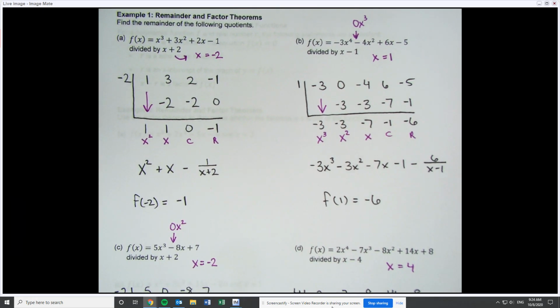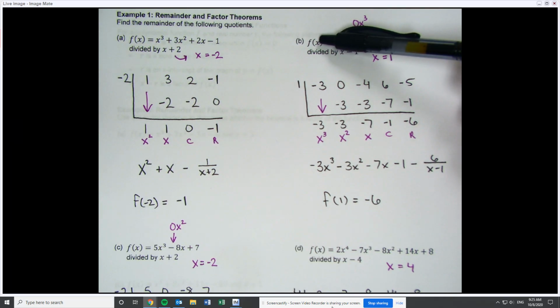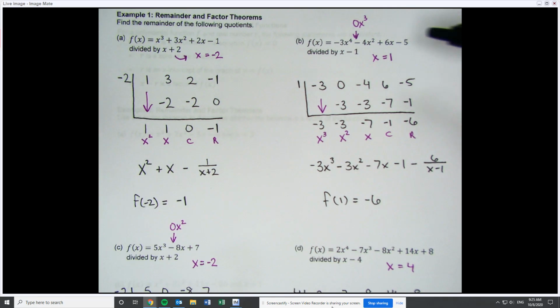Why is this important? Well, imagine you're having to take a difficult math test, say like the SAT, and this is a question on the non-calculator portion. If you were asked to evaluate, let's say, f of 7 for this polynomial, that means you would be raising 7 to the 4th power, 7 to the 2nd power, then multiplying it by something, then adding them all together.